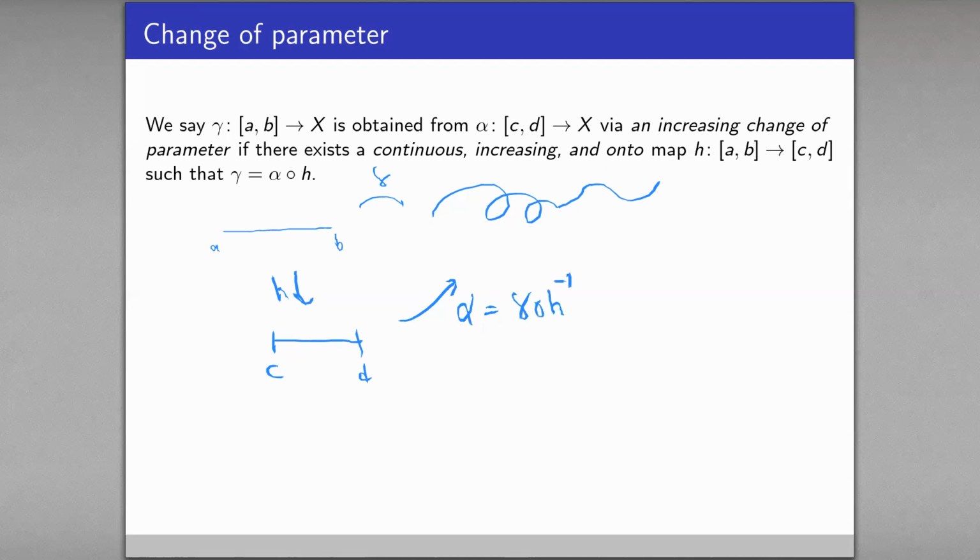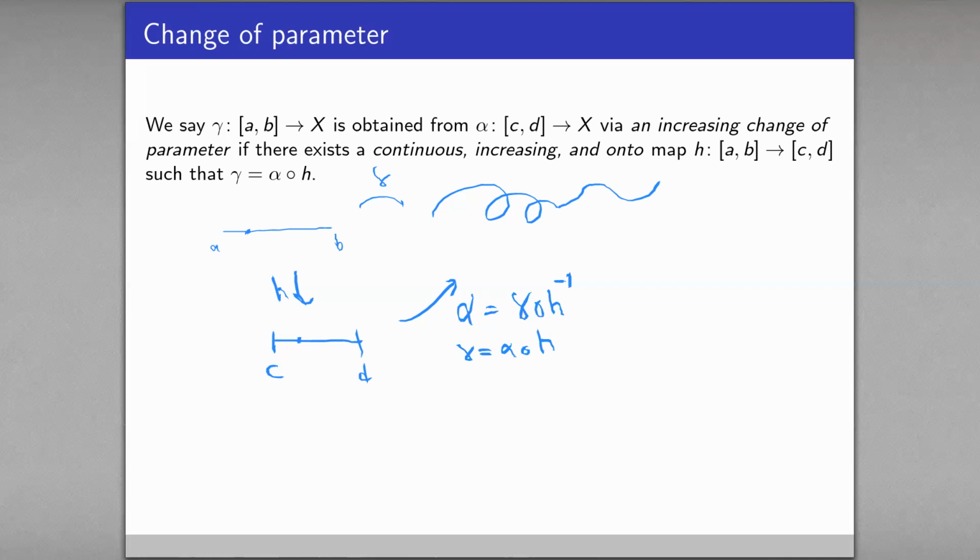To know where this point maps to, I go backward with h to here, and then look where gamma sends it to. And if I reverse the order here, then gamma is alpha composed with h. So these two curves are related by a bijective change of their parameter, the time interval.